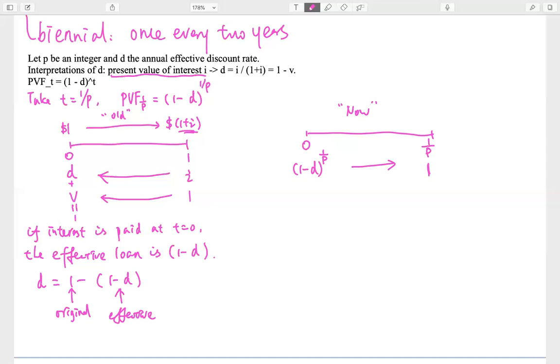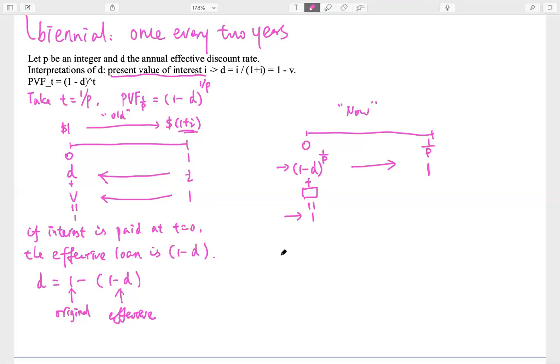You still want to borrow $1, right? Then what would you need to add here to make 1? Because that is how we define the discount rate. So this is the effective loan. This is the nominal loan or original loan.